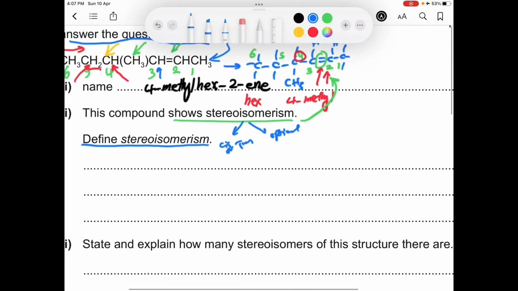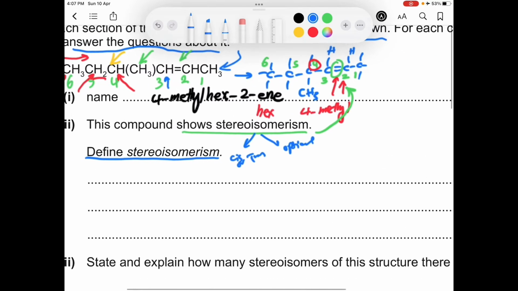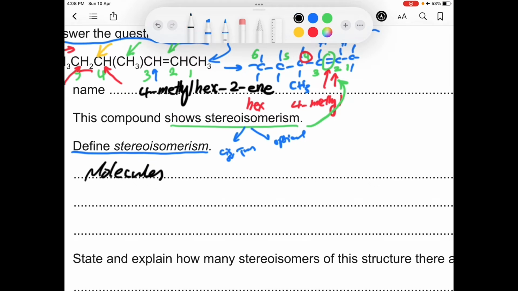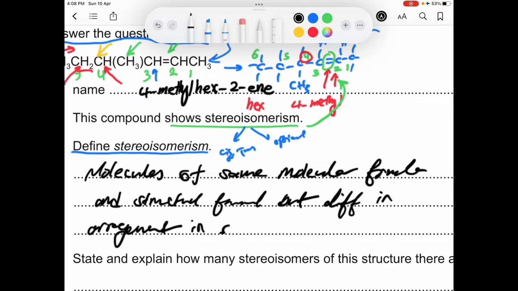By the way, the question has only 1 mark, but the recent years gave on this questions 2 marks, and you have to focus on what? You have to say molecules of same molecular formula and structural formula, but different in arrangement in space.